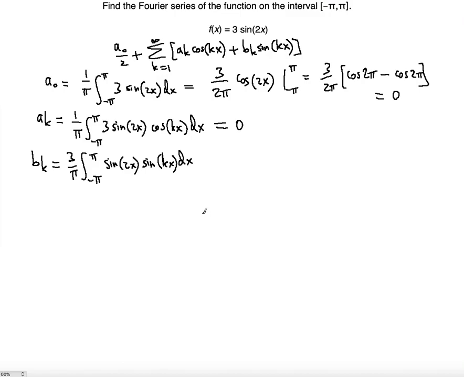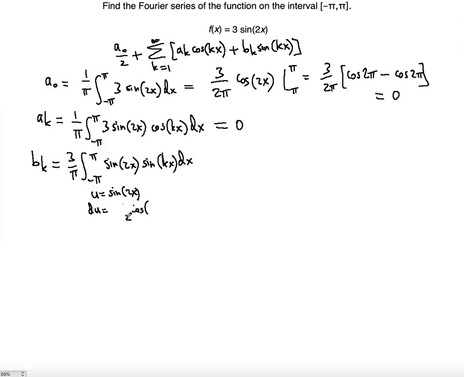Sine of kx. This is an interesting case. We can use integration by parts. The u I'm going to show you is sine 2x, so du is going to be, no, I'm sorry, I'm thinking of the antiderivative.